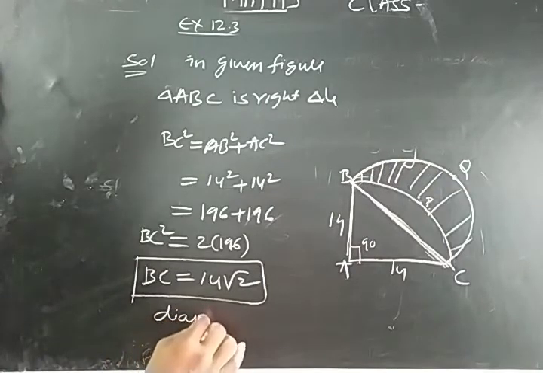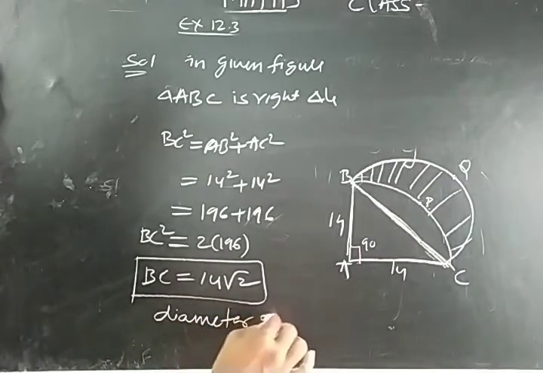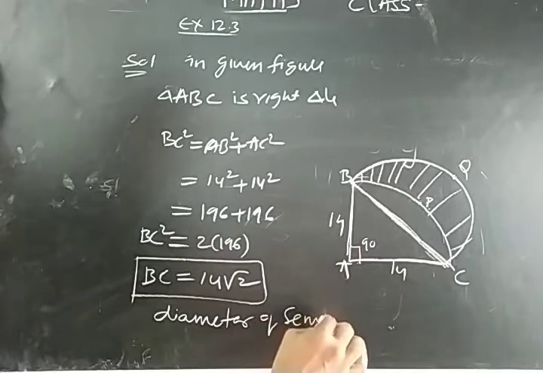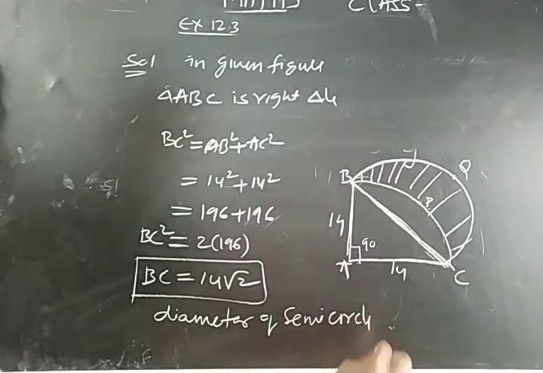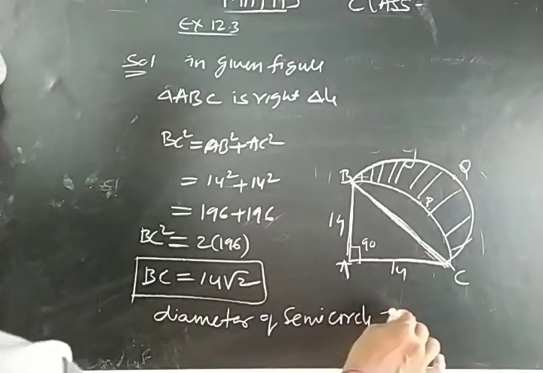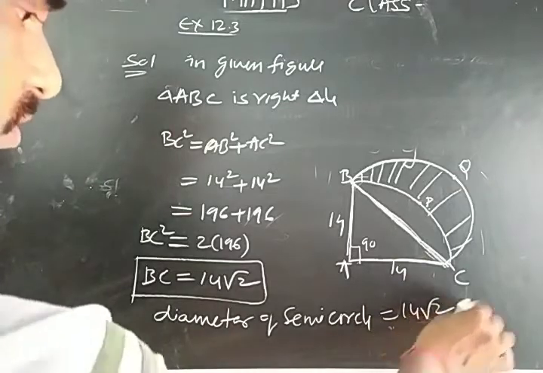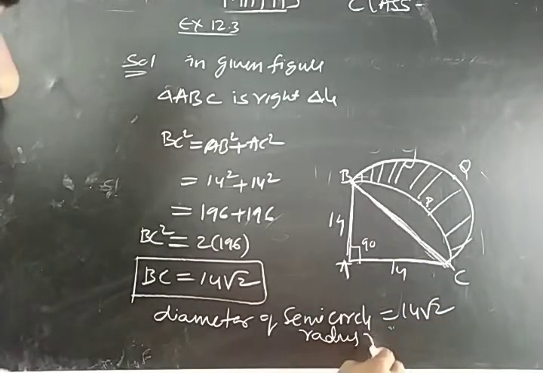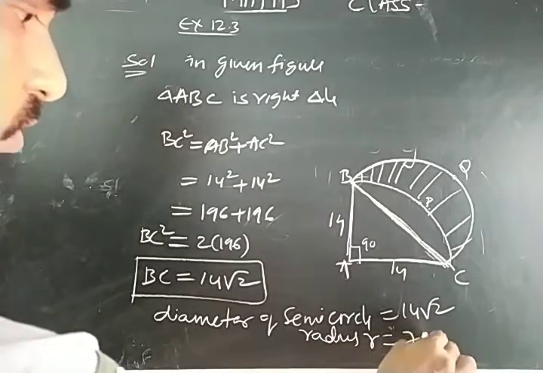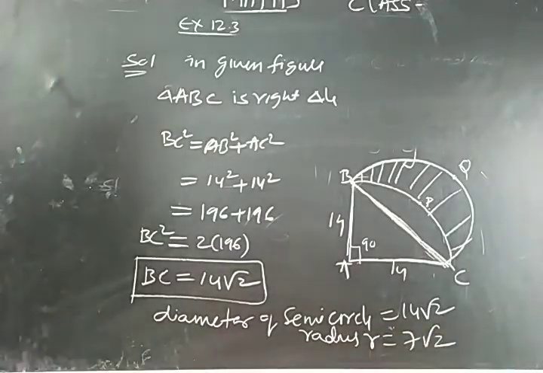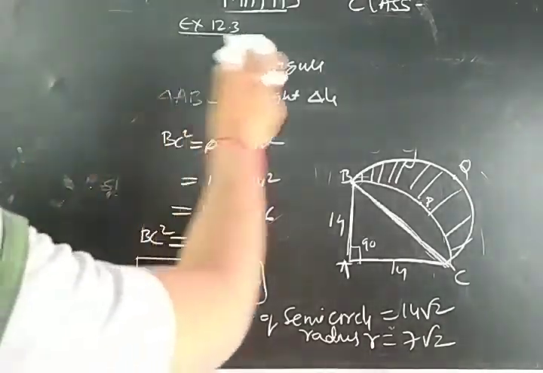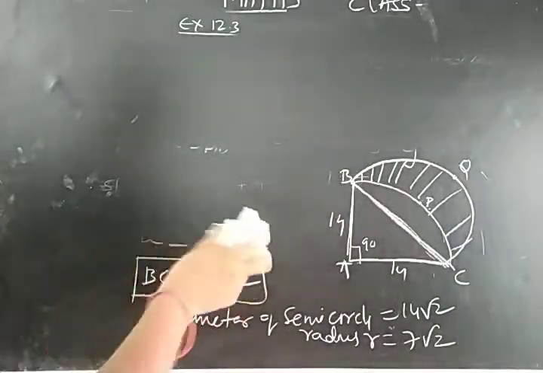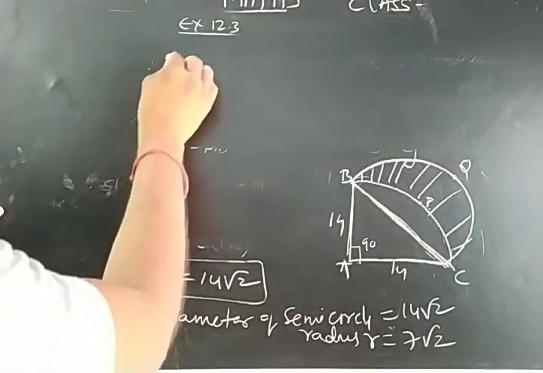Therefore, diameter of semicircle is 14 root 2. Radius r is equal to 7 root 2. Diameter 14 root 2 means radius will be 7 root 2. Right, I got the radius of the semicircle. Now I am finding the area of the semicircle.